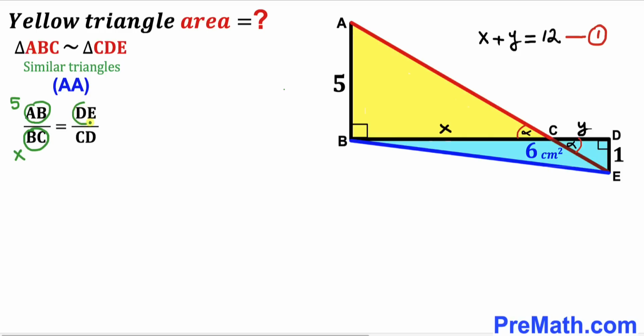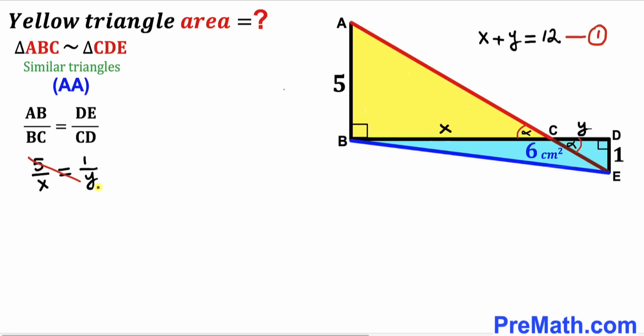DE is 1 centimeter, so I replace that with 1. Finally, CD is lowercase y. So we can write 5 divided by x equals 1 divided by y.